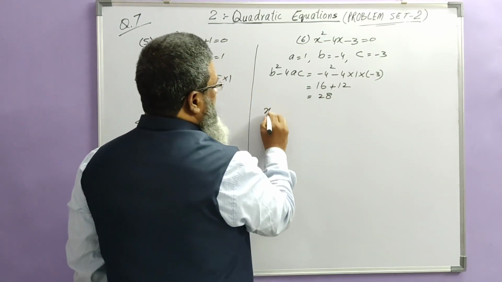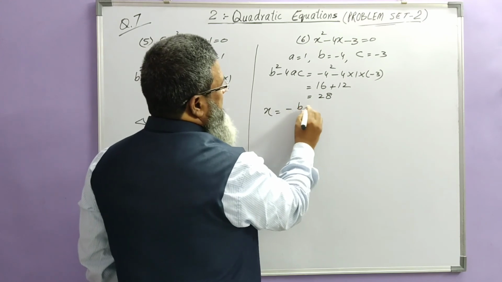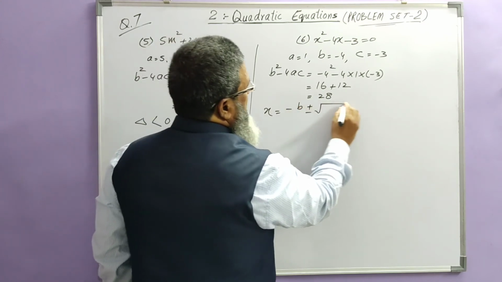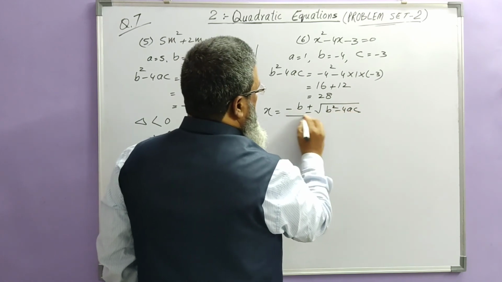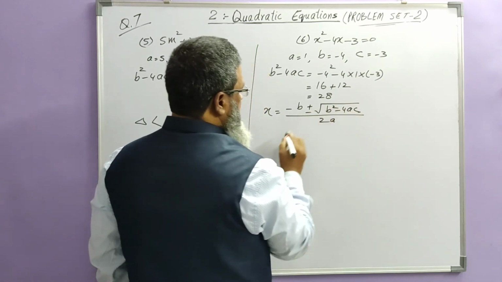So see the formula, x is equal to minus b plus minus root b square minus 4ac upon 2a.